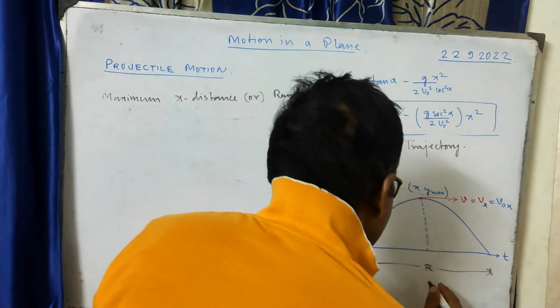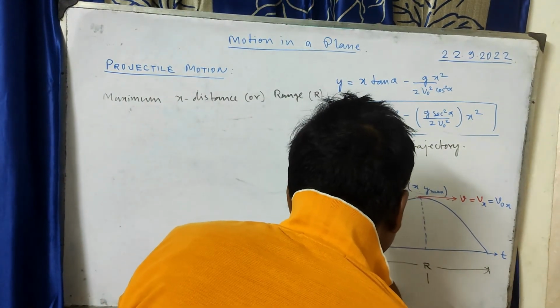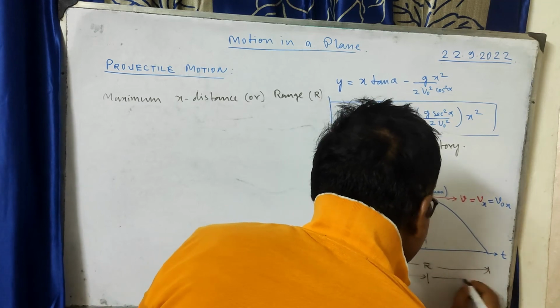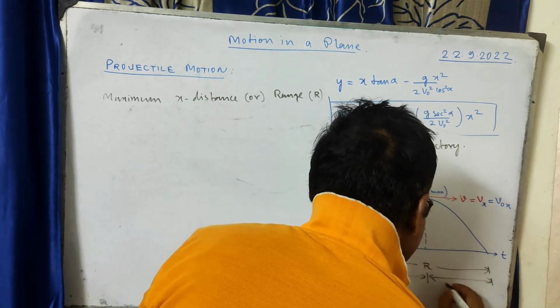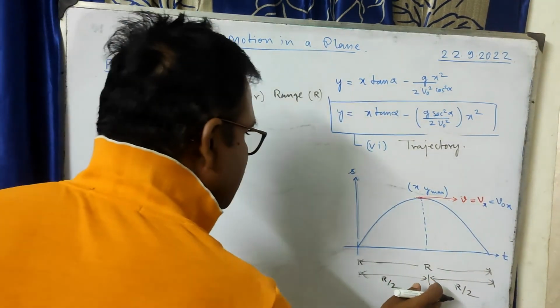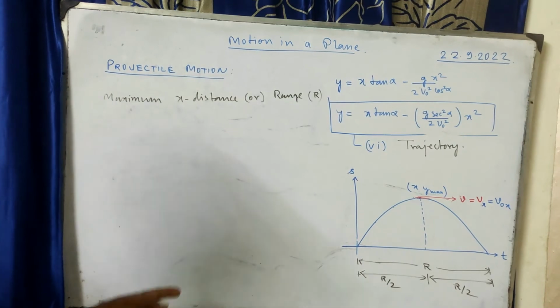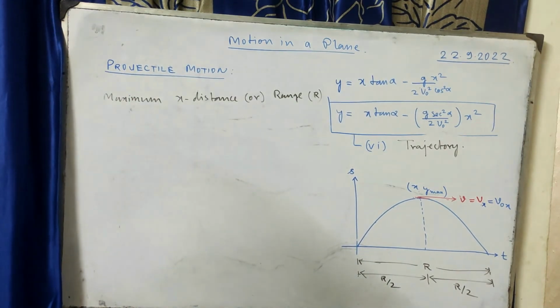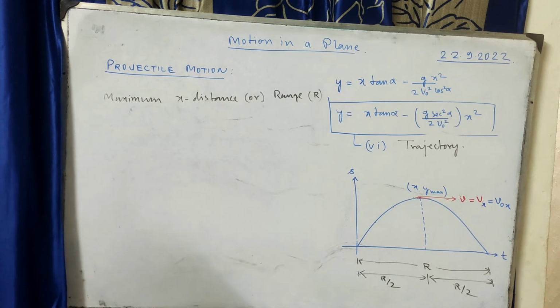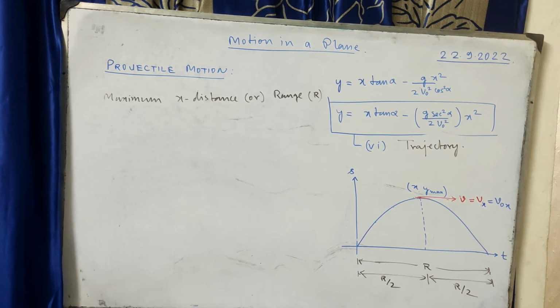So this is full R, so this will be R by 2, and this will also be R by 2, right? At this position I know the time because I found it for the highest position. In order to reach the highest position, what is the time required? Tell me. V0 sin alpha by g.